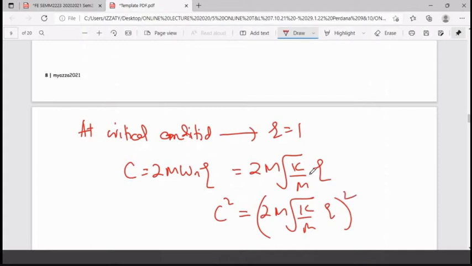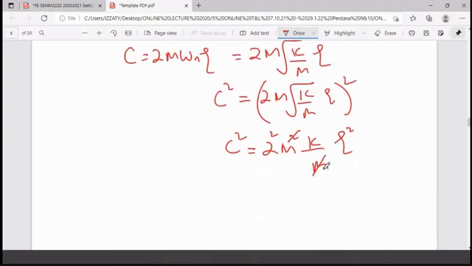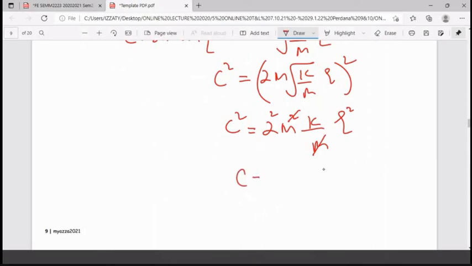So what you have is 2m times square root of k by m, times zeta. Cancel, isn't it? So finally, it can also be in the form of C is equal to 2 square root of km zeta.